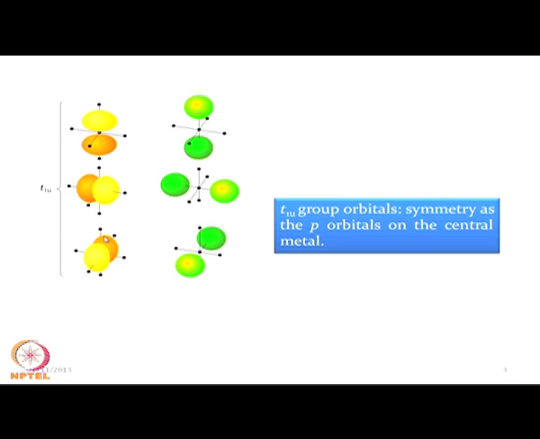Therefore, altogether 1 plus 2 plus 3, that means 6 orbitals, are available from the metal side for interaction. Similarly, the symmetry adapted linear combinations, the SALCs, of the available orbitals on the ligand atoms are also 6 in number, that means 6 plus 6, 12 orbitals are involved in the molecular orbital formation for sigma bonding.